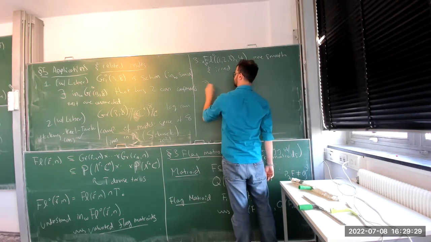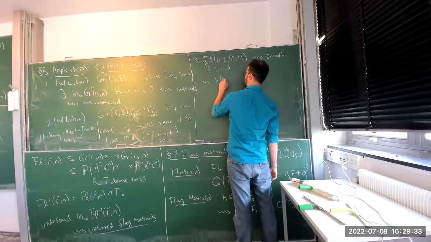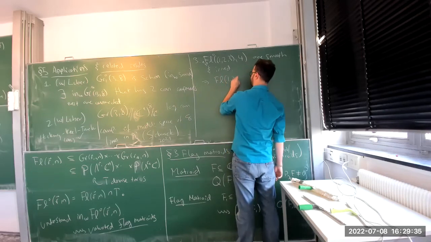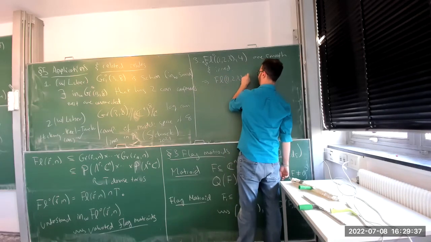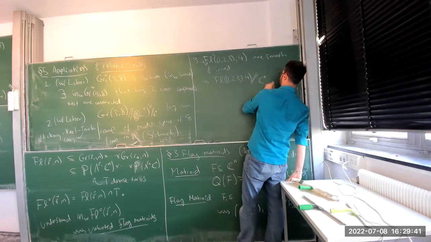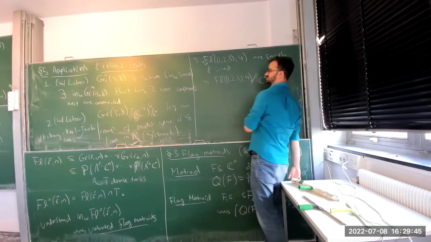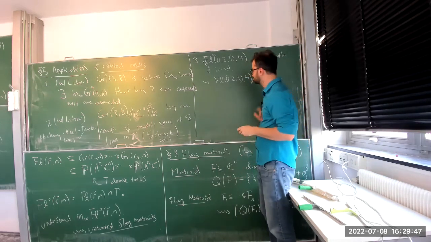Using this, we also study the Chow quotient of this flag variety by the diagonal torus C star to the 4 mod C star, the diagonal torus of PGL4.